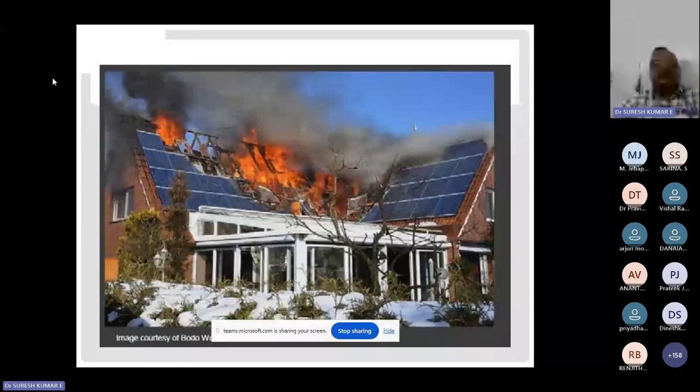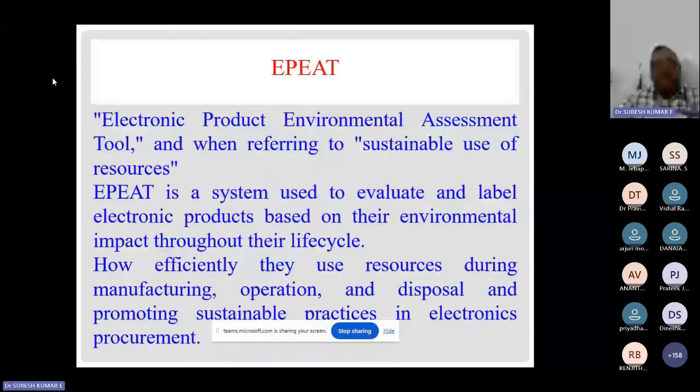Now, in the previous slide I showed the EPEAT standard, that is Electronic Product Environment Assessment 2. Actually, 3 grades are there: bronze, silver, and gold. If you look at the laptops we are using in India, no stickers are available, either bronze, silver or gold.